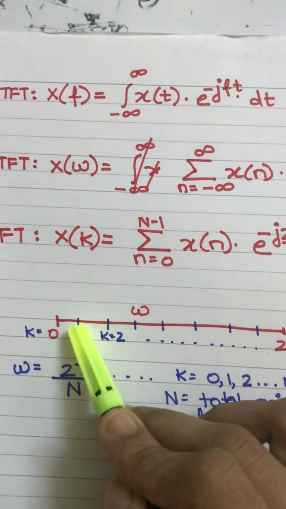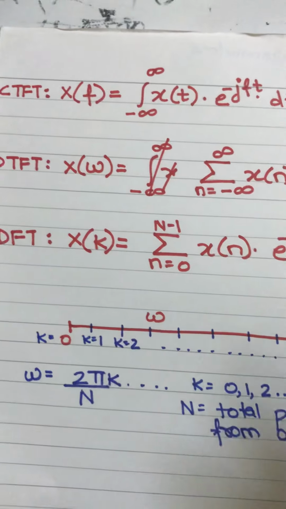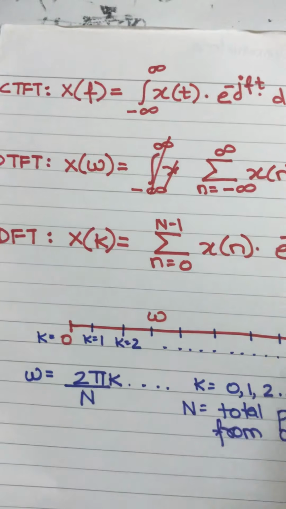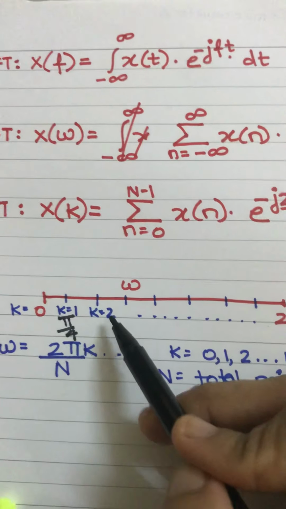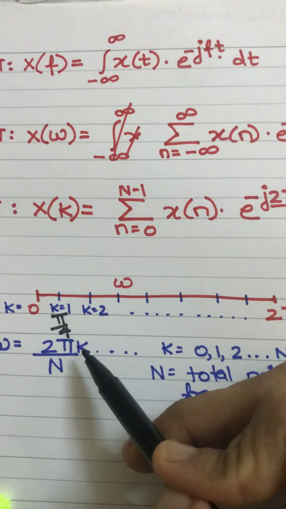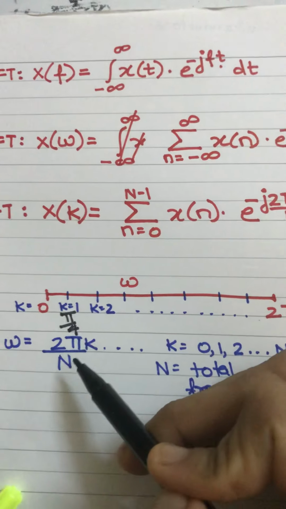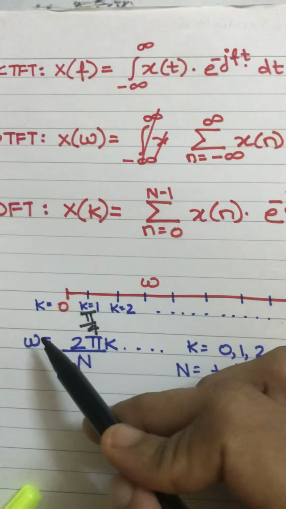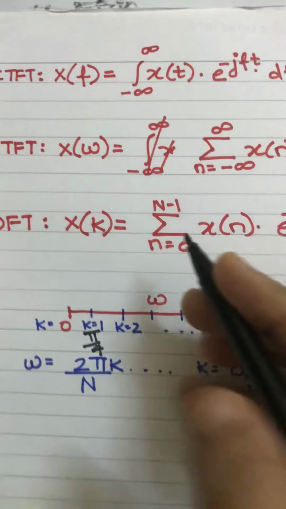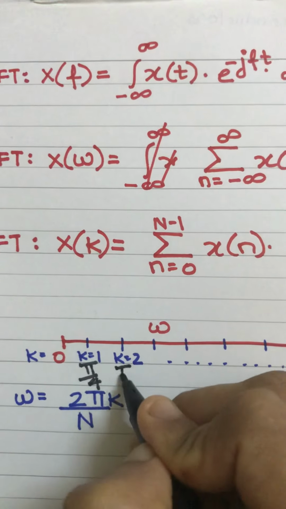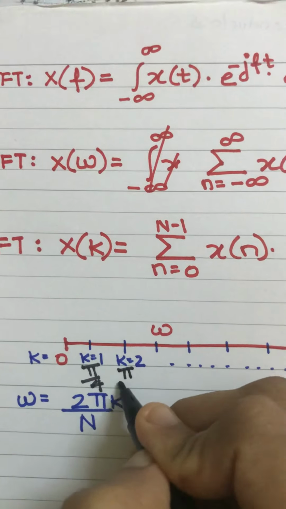So, the frequency at this point is pi by 4. And k equal to 2, I substitute 2: 2 pi times 2 by 8, so the frequency at this point will be pi by 2. And so on and so forth.